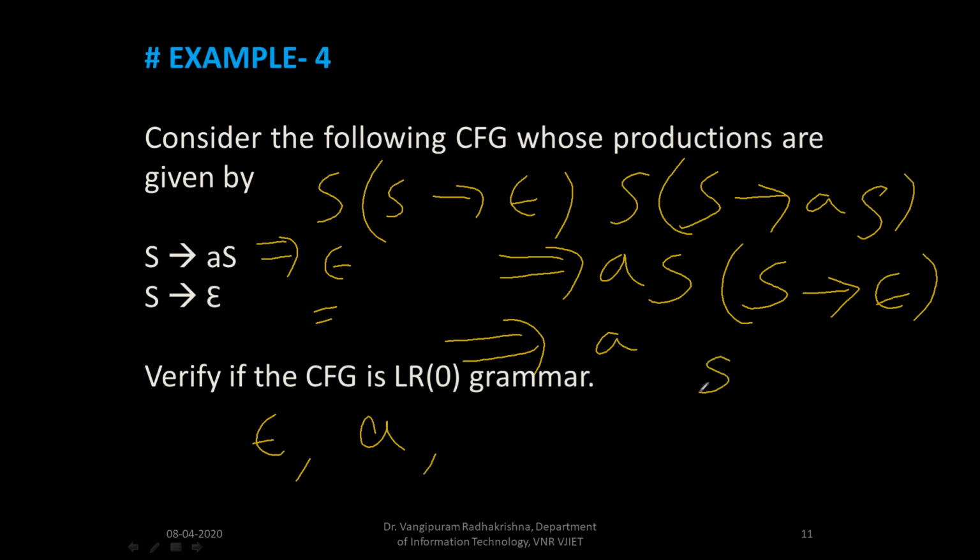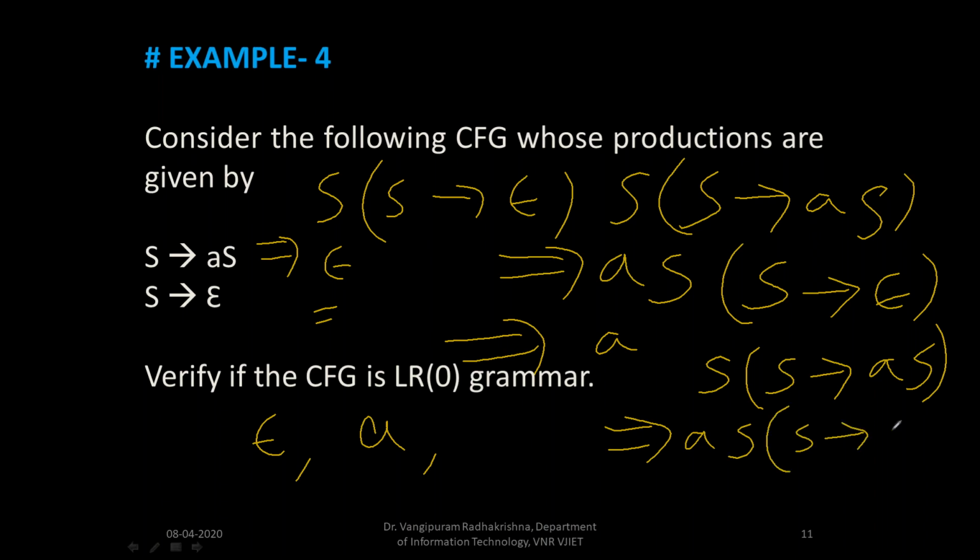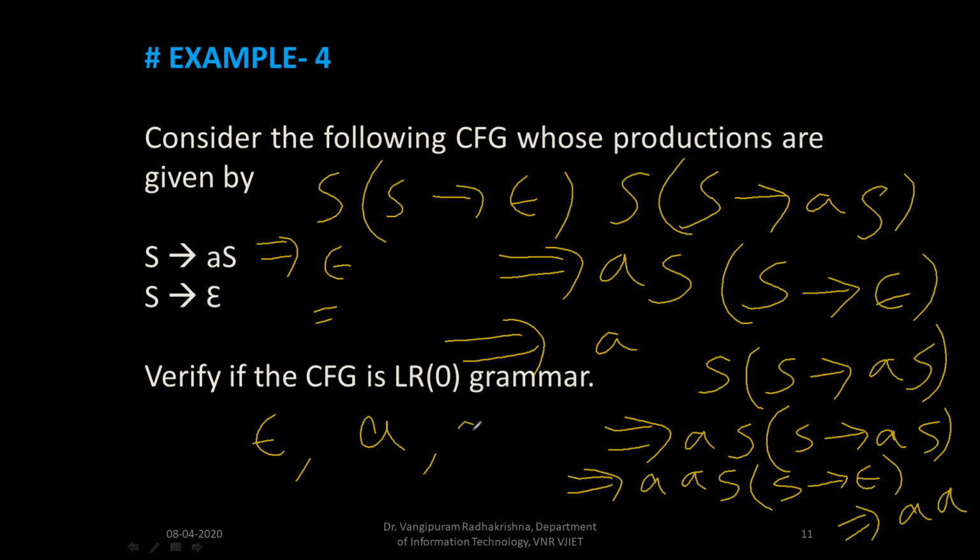Alternately, if you start with S and replace S by aS, you get aS as the sentential form. Assume that you once again apply the production of the form aS. So you get aaS as the sentential form. And now if you apply S derives epsilon, we are left with the string aa.